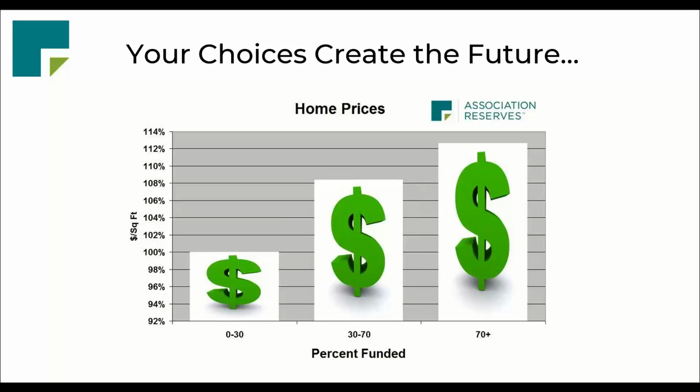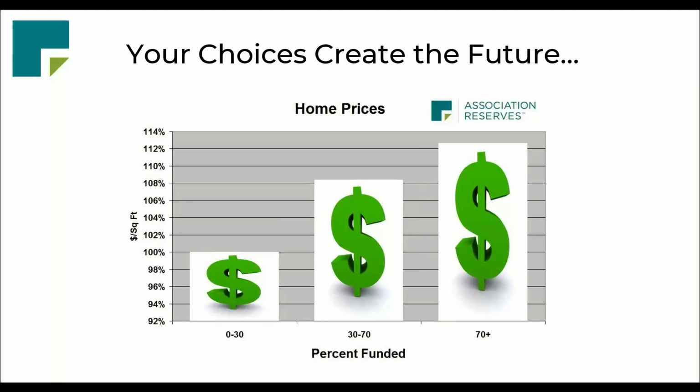But before we close, let me leave you with one more advanced tip, and that's a strong reserve fund is a smart financial move. We did a study back in 2016 that found, to no surprise, that homes in associations with a strong reserve fund, over 70% funded, the ones on the right there, sold for about 12% more on average than comparable condos in associations with a weak reserve fund in the 0 to 30% funded range.